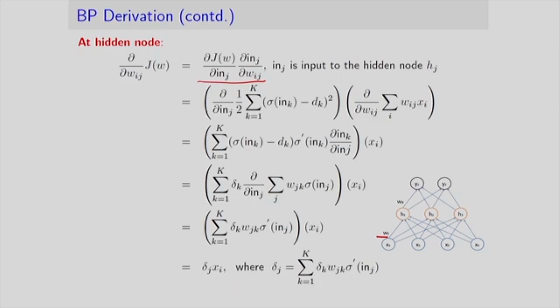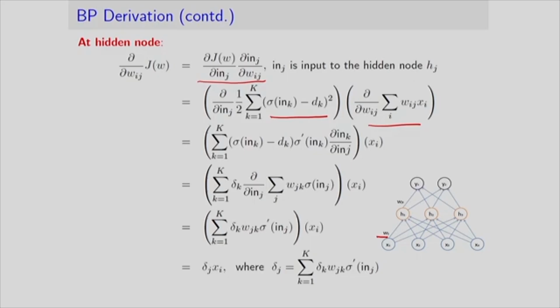So this J(w) I have already defined, that is nothing but the difference between the actual output and the desired output, and what is Inj? Inj is the input to the hidden node. That is nothing but Wij into Xi. So the input Xi is multiplied with the corresponding weights and summed up.